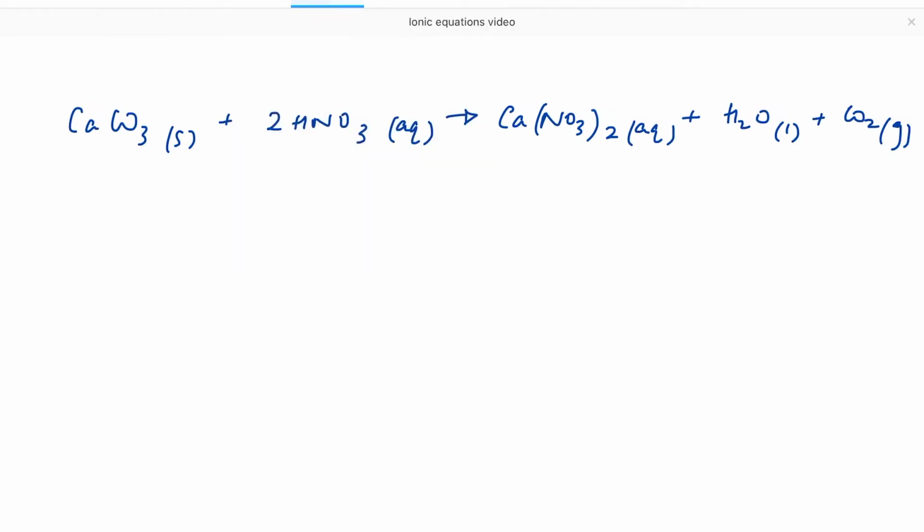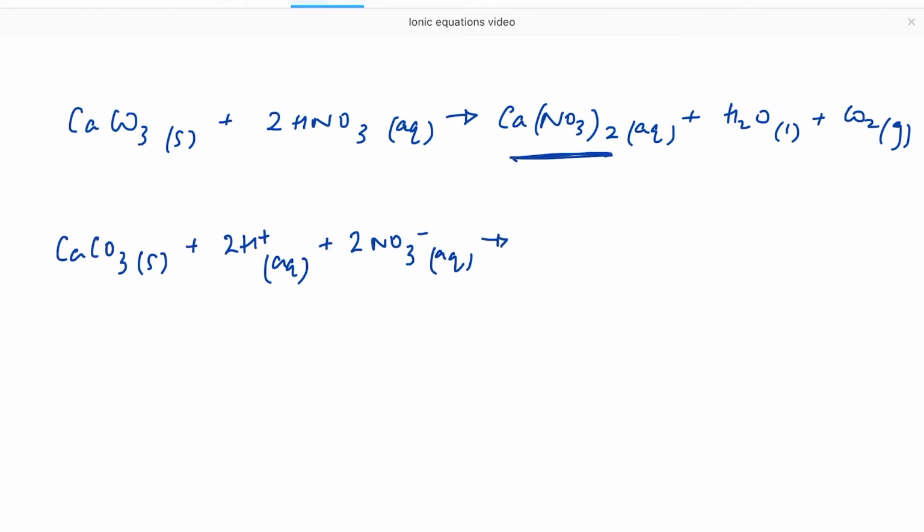Calcium carbonate is a solid. It's in a lattice structure, so it's not in solution, it's not independent ions, so it goes into the equation as is. I know that in my balanced equation I've got 2 hydrogen ions and they are in solution, so I'm going to write them out separately. And I form a solution of calcium nitrate.